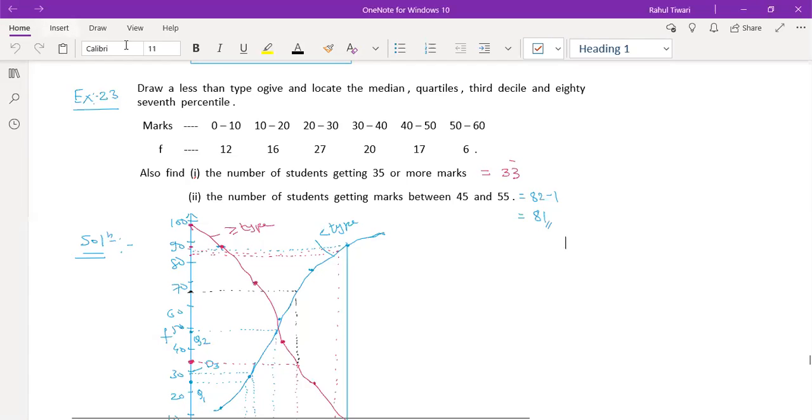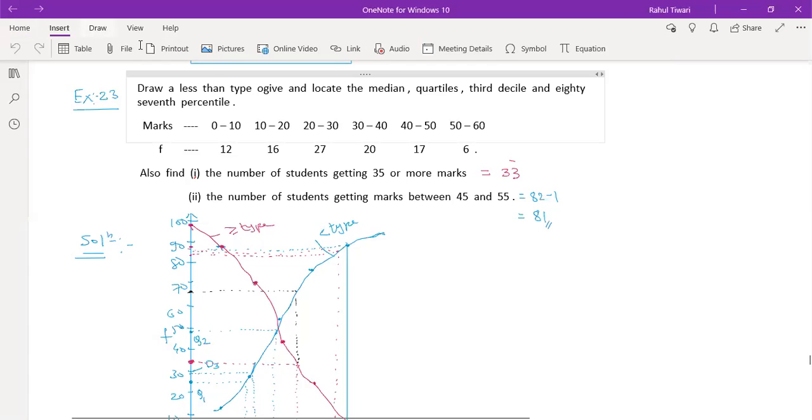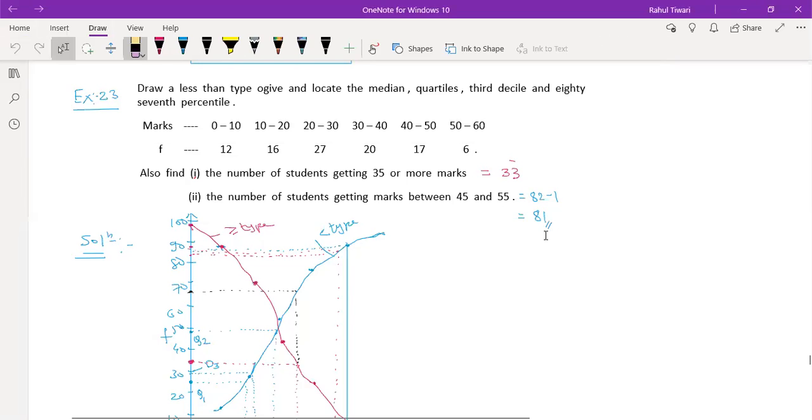If you look at the same problem here, I hope everybody has the problem with them. I'm interested in getting the number of students with marks between 45 and 55. That is my question.